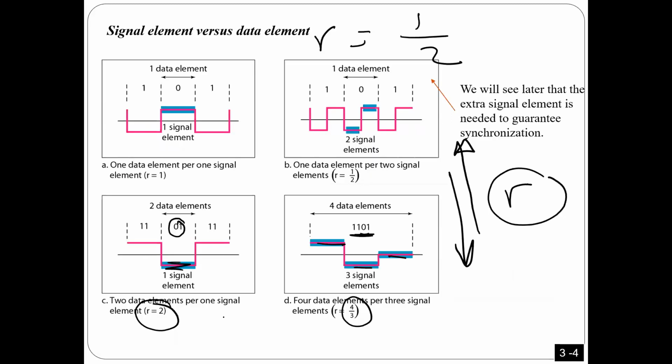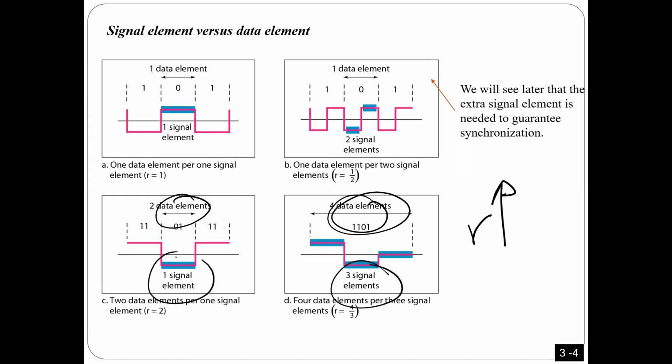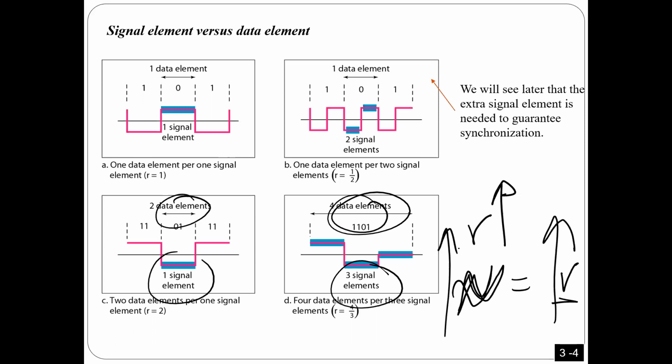By this analogy, you can tell what it means when R is bigger. The bigger the R, the more information I can transfer using a small number of signals, which is very good. Later, when I give you a formula for the bandwidth, you will see that there is a relation between the bit rate and R. The bigger the R, the more I can increase the bit rate, and it makes sense.